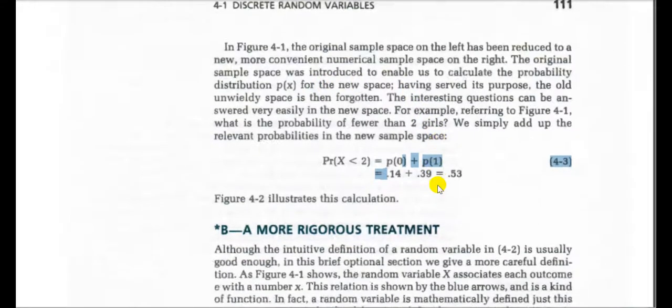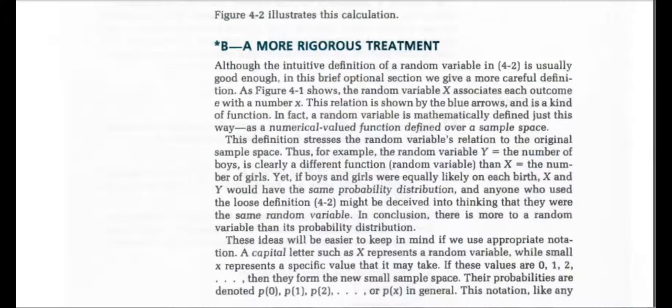Now he says a more rigorous treatment, more mathematical treatment, I guess. Although the intuitive definition of a random variable in 4.2 is usually good enough, in this brief optional section we give a more careful definition.